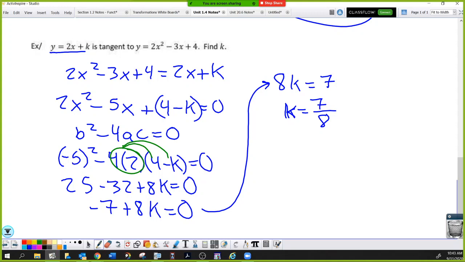That question's neat, but it would normally be harder than that. They would say something like, this straight line cuts the parabola. Find all the values of k that make that possible. You would have done the exact same work, but then you would say the discriminant must be strictly positive.